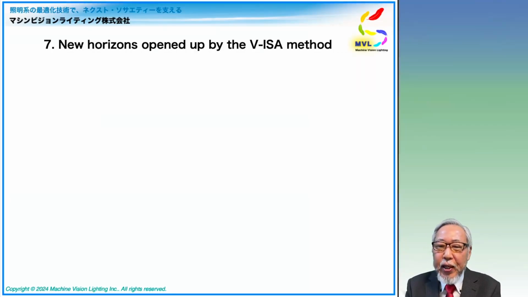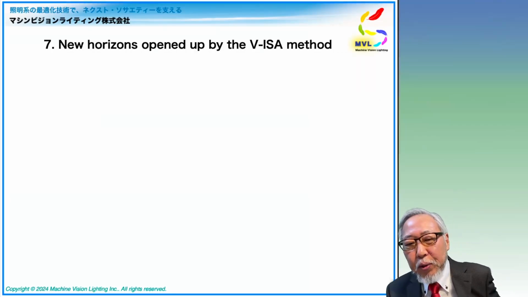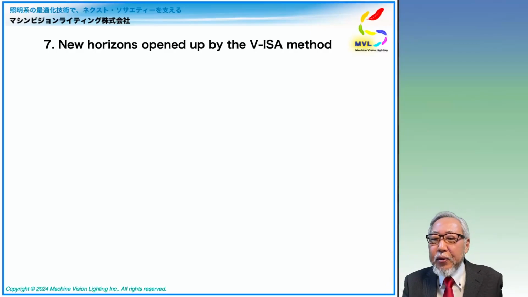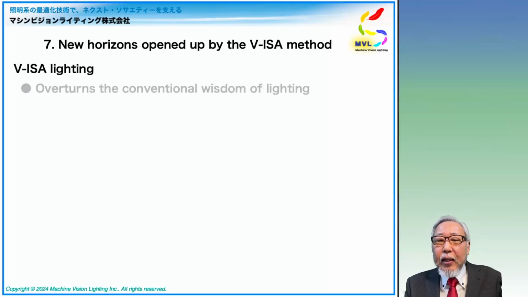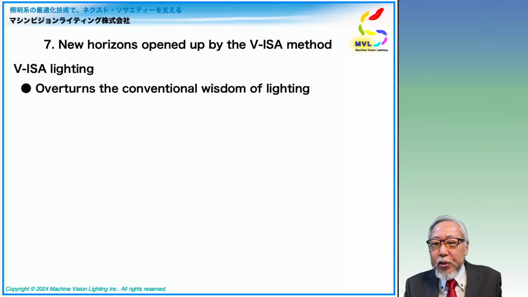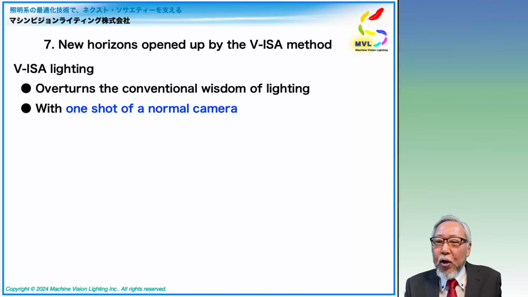The 7th episode is the final episode on the new horizons opened by the Visa method. As we have explained so far, Visa lighting is lighting that overturns the conventional wisdom of lighting by simply shining light onto an object.